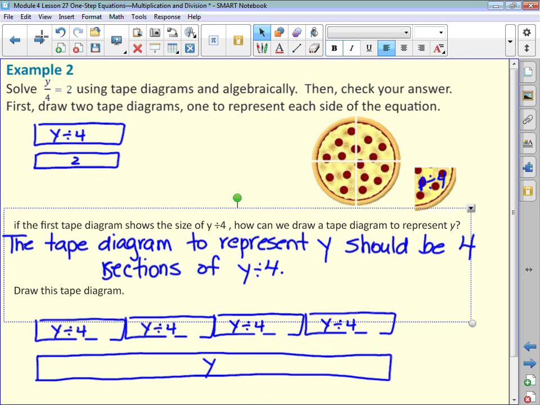So if y divided by 4 equals 2, what is each one of these sections equal to? Each y divided by 4 is equal to 2. So if each one of these is equal to 2, what is all of y equal to? 8.